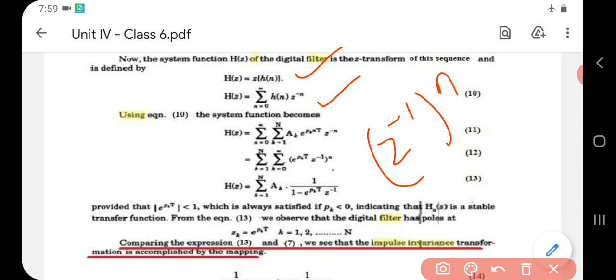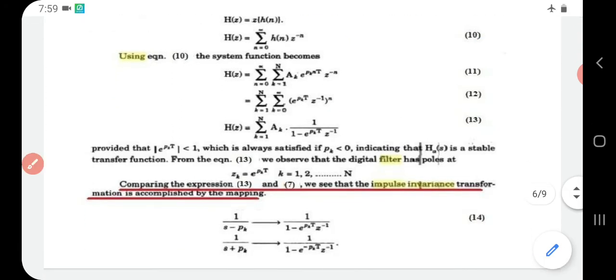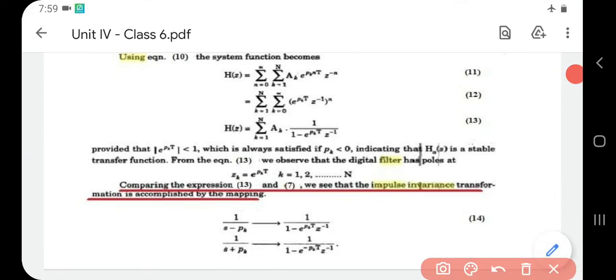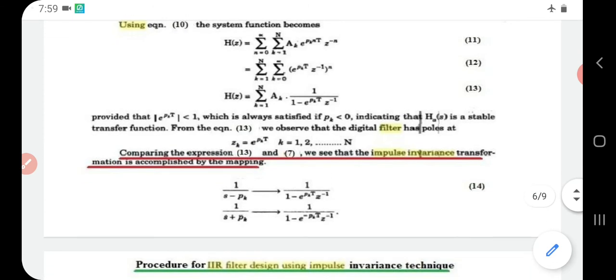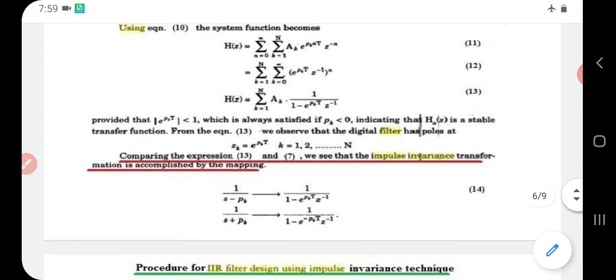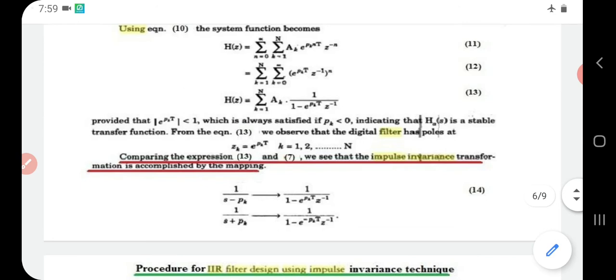We are just rewriting z raised to minus n as this. Then again it is written in another way, a_k times 1 over this term. Now there is a condition: e raised to p_k T should be less than 1, and that condition will be satisfied only if the coefficient p_k is less than 0. So this means that this transfer function H_a(s) is a stable transfer function.